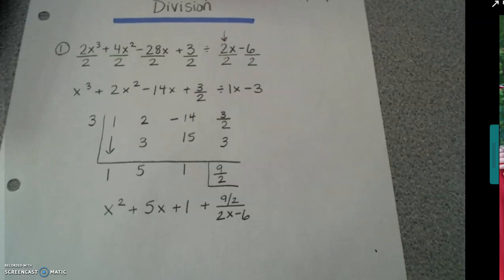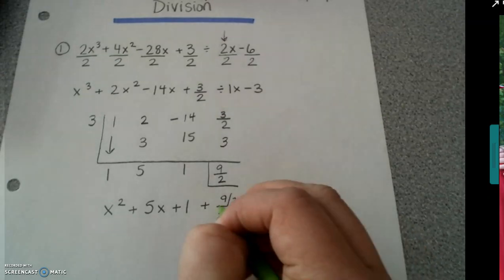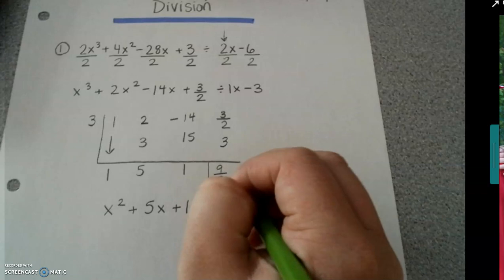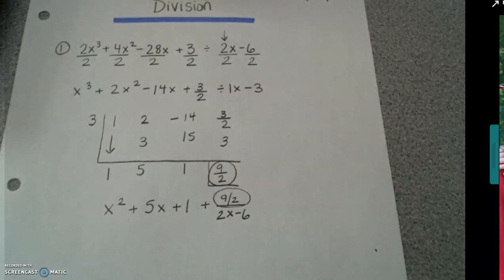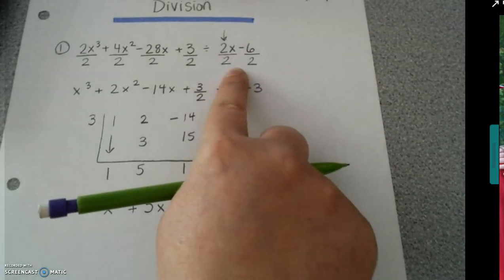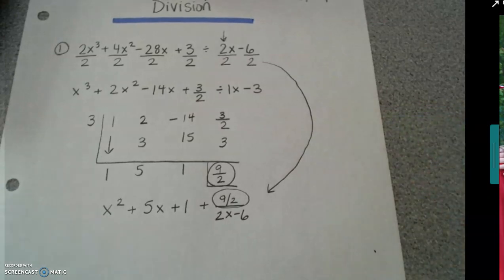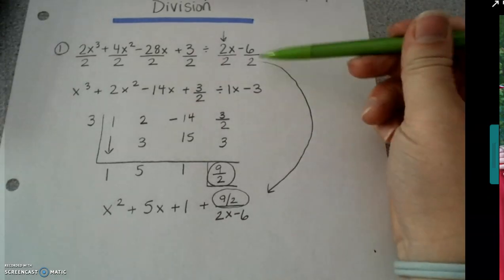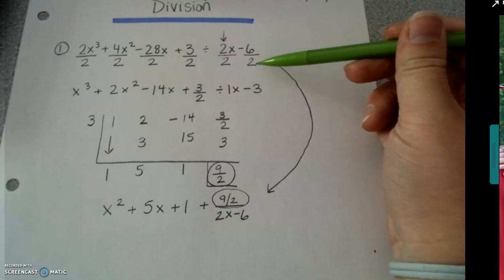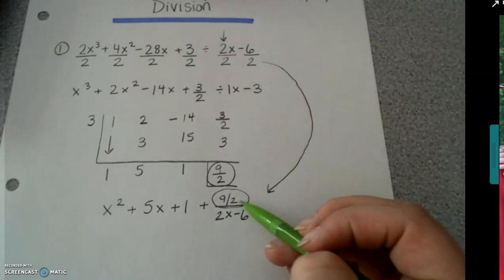Now the last thing you have to do for these, you cannot leave this as 9/2. We have to reaccount for the 2 that we took out to begin with. So remember, we can't just do things willy-nilly and not balance it out. So because I divided by 2 in the beginning, I'm going to multiply my remainder by 2 at the end.